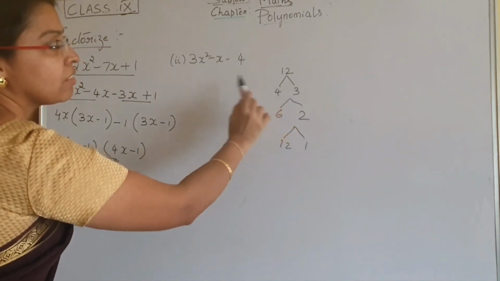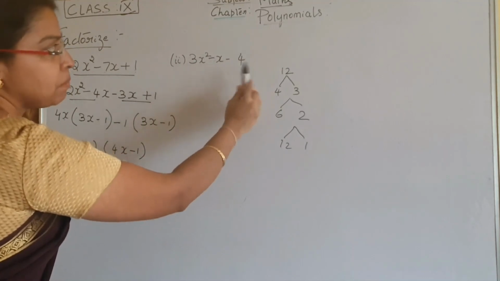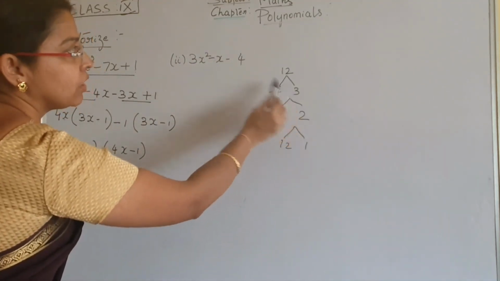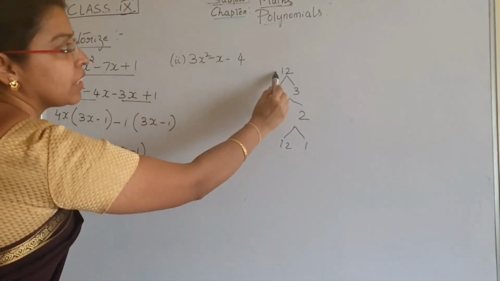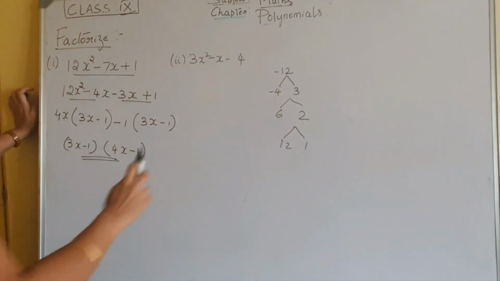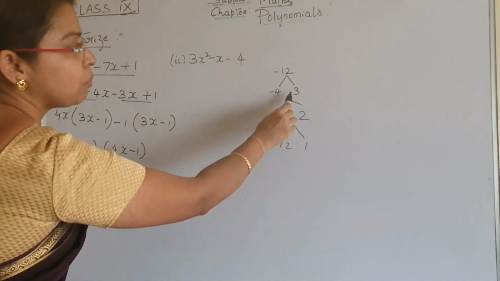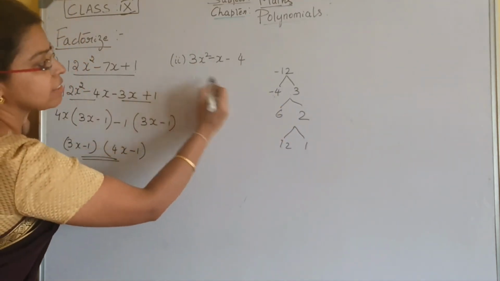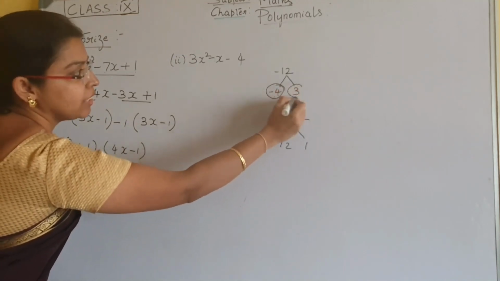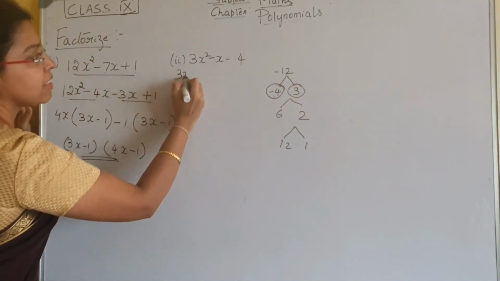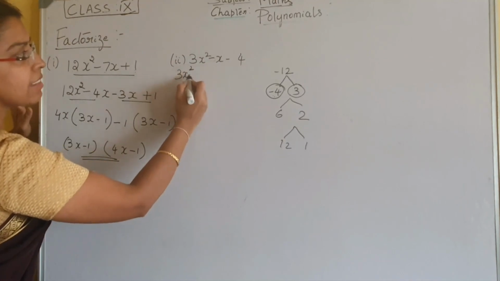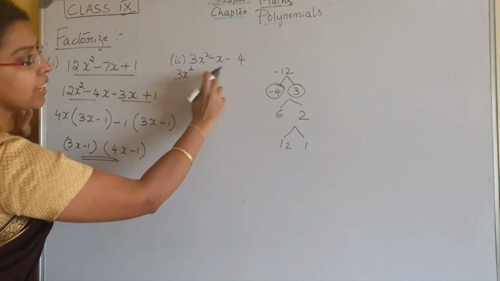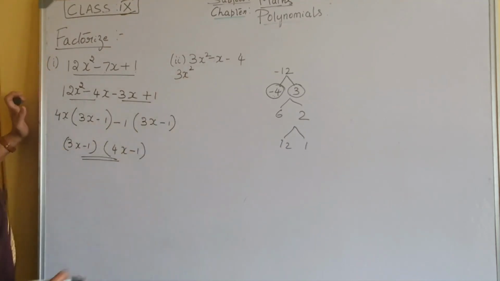But we need to check with the sign. When you multiply, you should get minus. And see here, minus 4 into 3, it is minus 12. And when you add minus 4 plus 3, it is minus 1. Therefore, our factors are going to be minus 4 and plus 3. So now expand the middle term. 3x square, see here I can take minus 4x and then plus 3x.